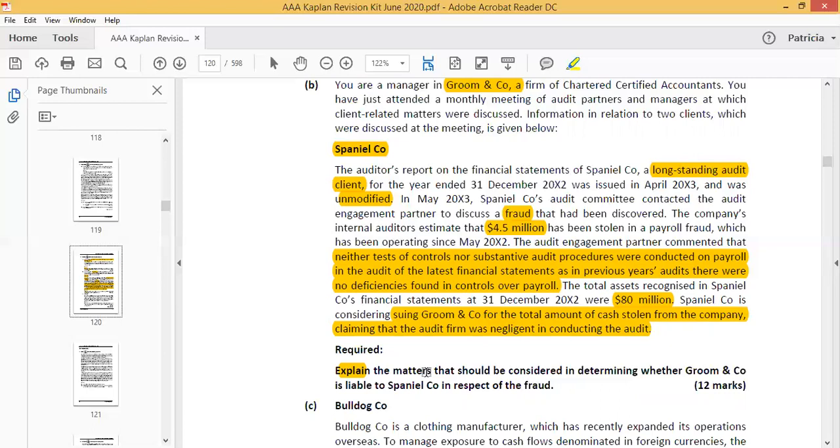Because you're told explain, give it in detail, and also explain your why. Why should they do so, according to what you've just identified as a matter that should be considered.